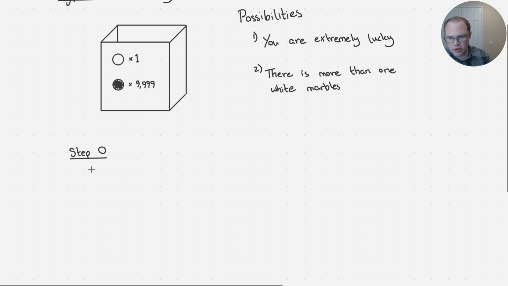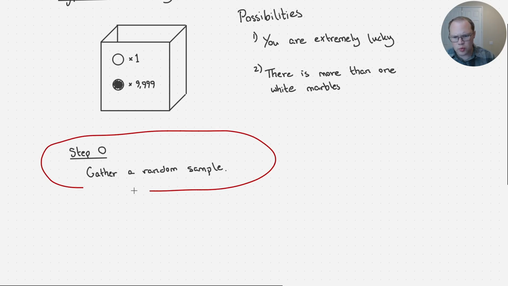So step 0 is gather a random sample. In this class, generally the sample will have already been gathered. You'll just be given the sample data. But in real life, the first step for any real statistician is to gather their sample data, and they need to gather it well so that it truly is random and has the best chance of reflecting the population. Most of the time in this class we don't have to worry about this.